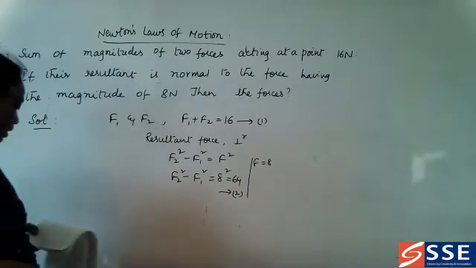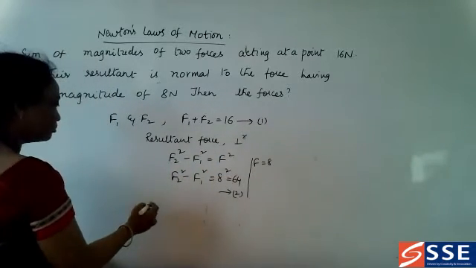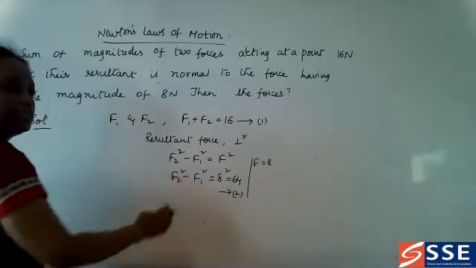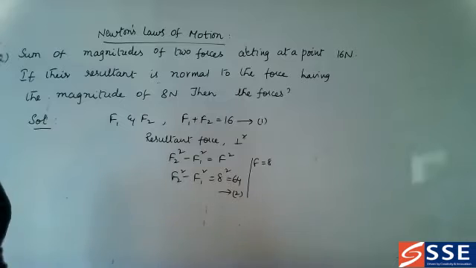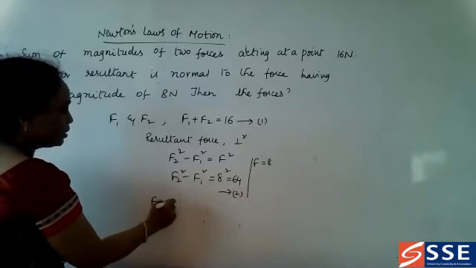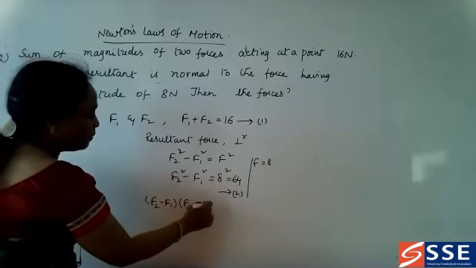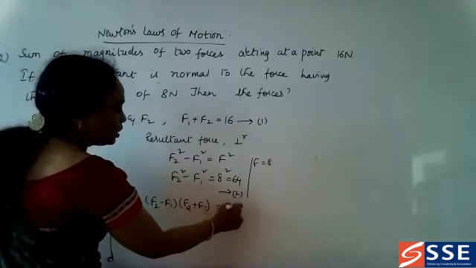And next, from equations 1 and 2, using the A square minus B square formula, F2 minus F1 into F2 plus F1 goes to 64.